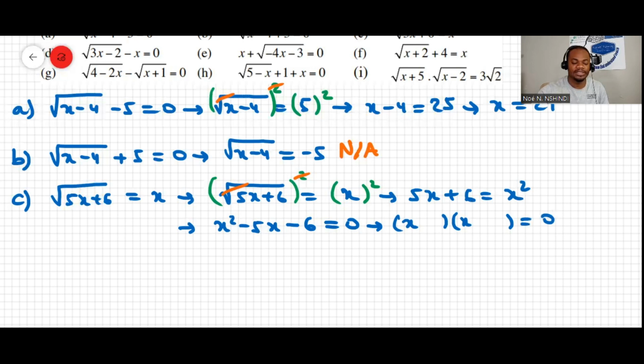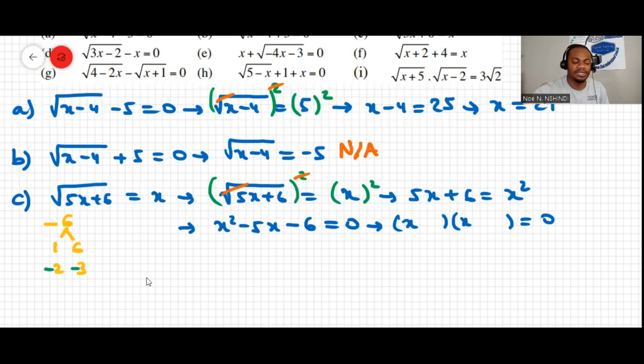Now I'm going to look at the last term, which is -6. The factors of 6 in ascending order will be 1 and 6, 2 and 3. Now I'm looking for which couple in this list will make a sum equal to the coefficient of the middle term, -5. We can see that we can get -5 if we use -2 and -3.